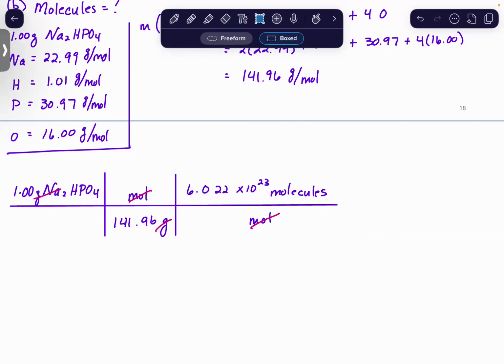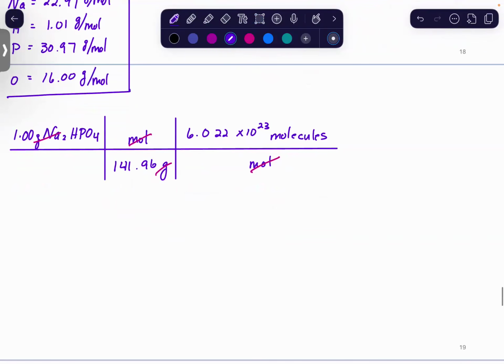And when I multiply this all up, I'm going to multiply the top, divide by the bottom. This is going to give me 4.24 times 10 to the 21st molecules of sodium hydrogen phosphate.